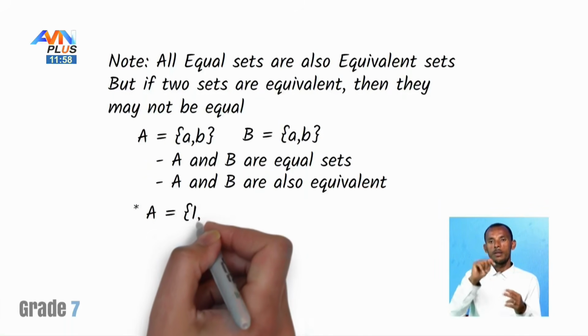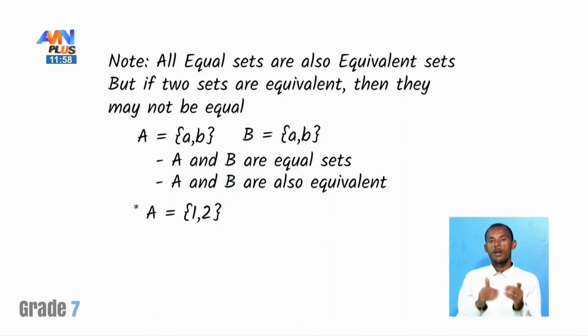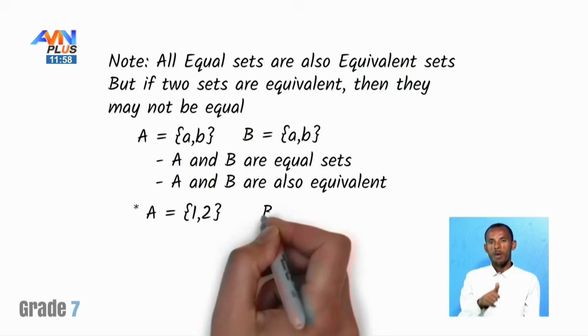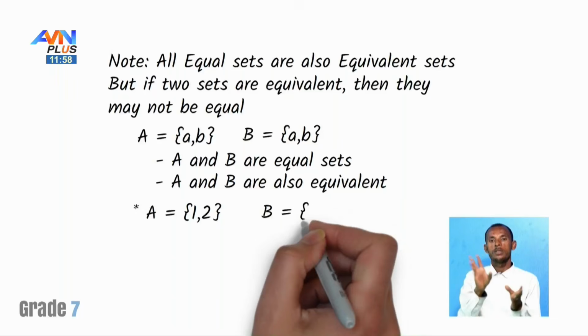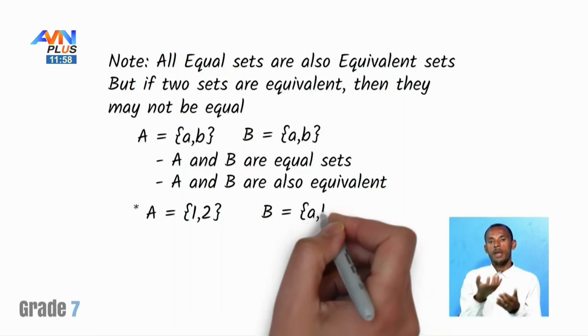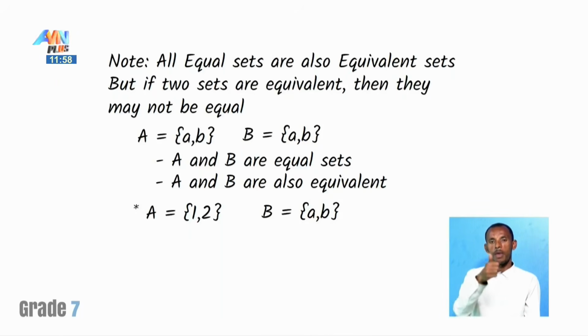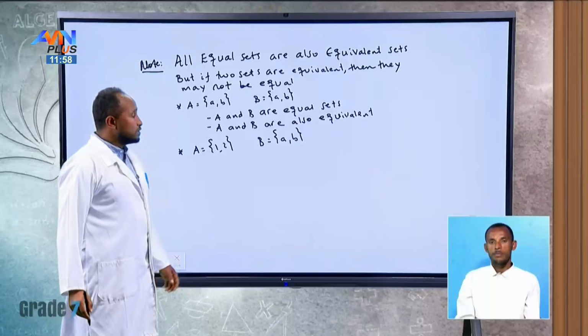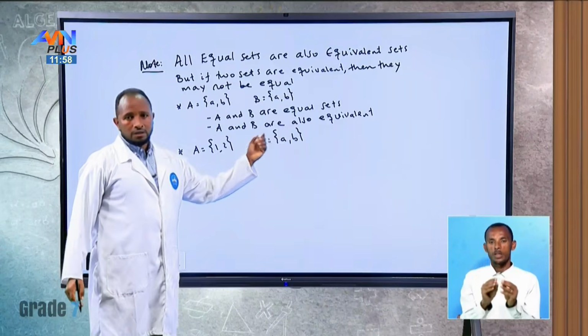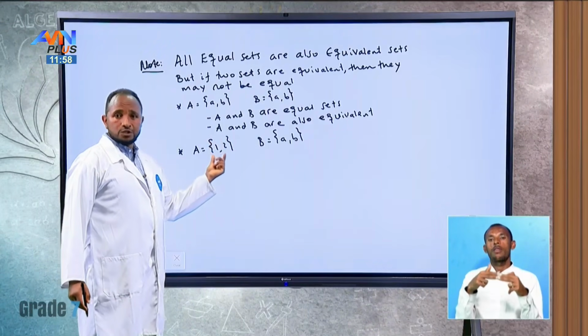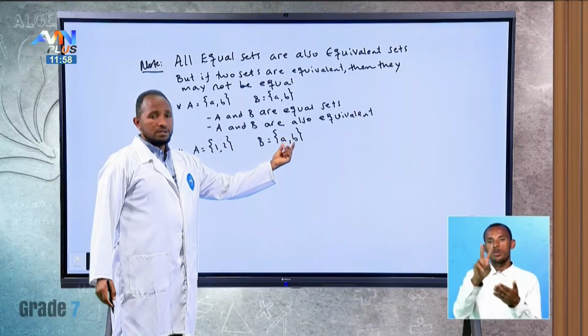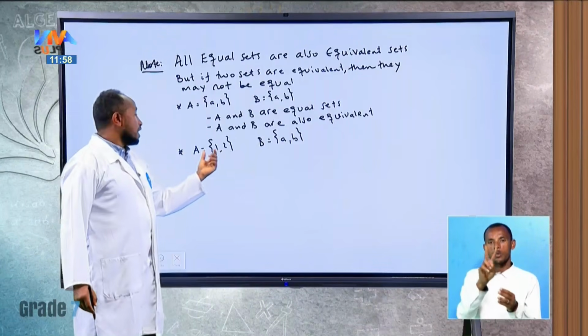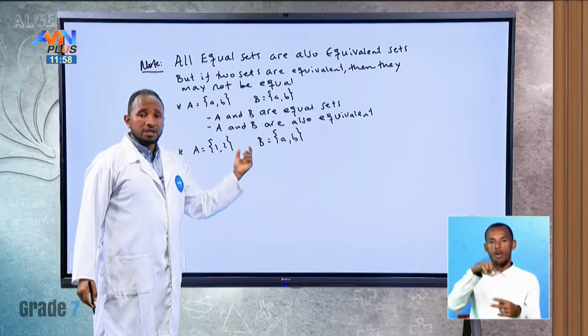Let's see this for example. If you take set A contains the elements 1, 2, and set B contains the elements a, b, these two sets, they are equivalent. The number of elements here is 2. The number of elements in set B also 2. They have equal number of elements. They are equivalent.